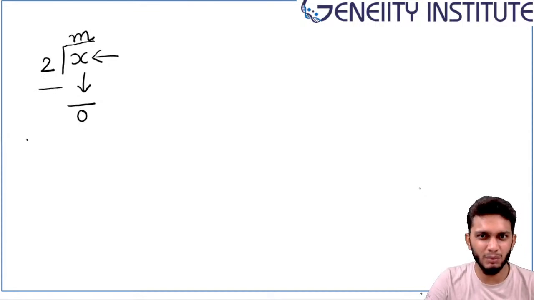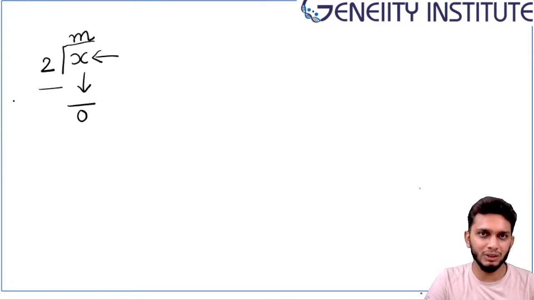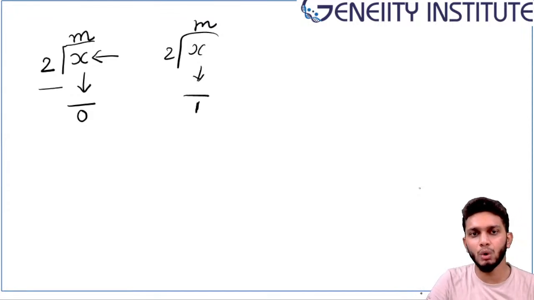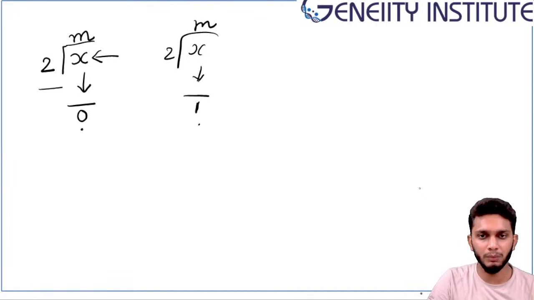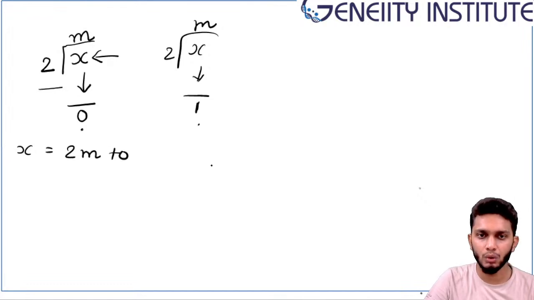You know that remainder must start from 0 and must be less than the divisor. The divisor is 2, so the remainder starts from 0 and will be less than 2, so it can only be 0 or 1. Divide x by 2, you get quotient m and remainder either 0 or 1. So you will write x as 2 into m plus 0, or x as 2 into m plus 1. 2m plus 0 means 2m.